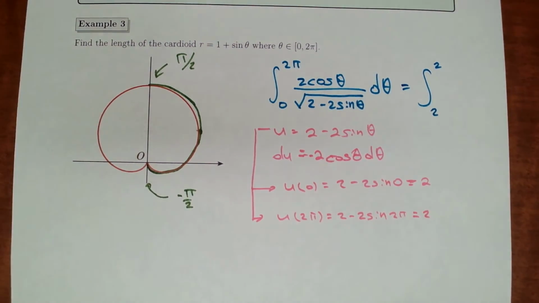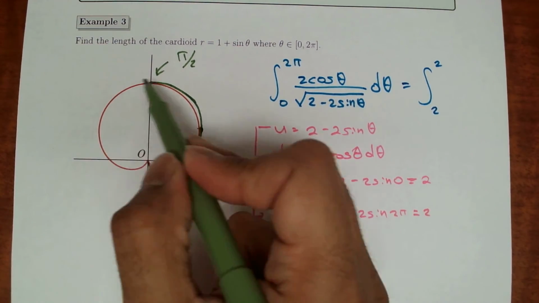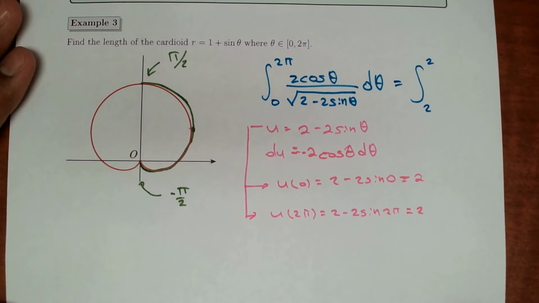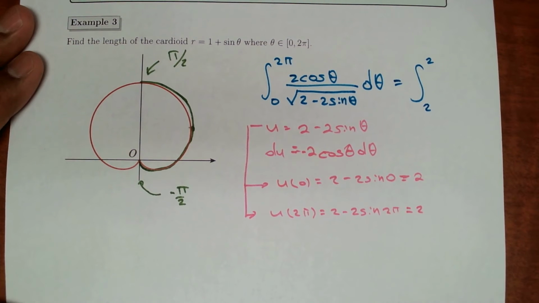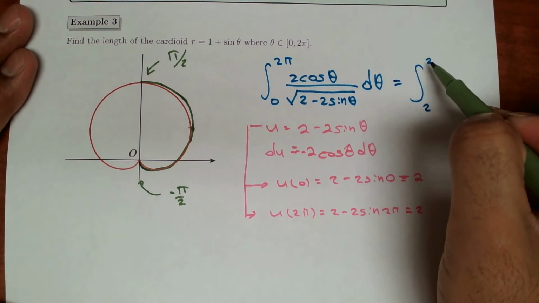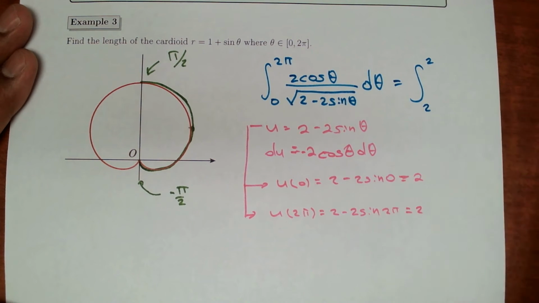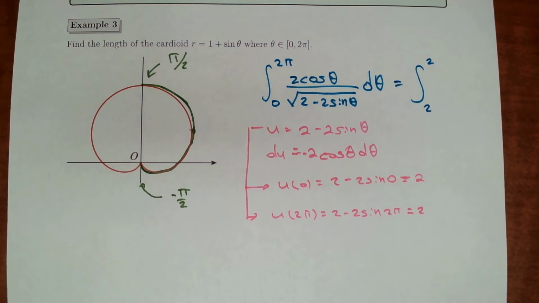We are going to multiply this by 2 because by symmetry, this is the same length for the remaining part of the cardioid here. Yes, in class we also tried to do 2 times from 0 to pi, but it turned out that 0 and pi gives us 0 for sine, and we get the same situation. So this time around, we're going to do negative pi over 2 to pi over 2.